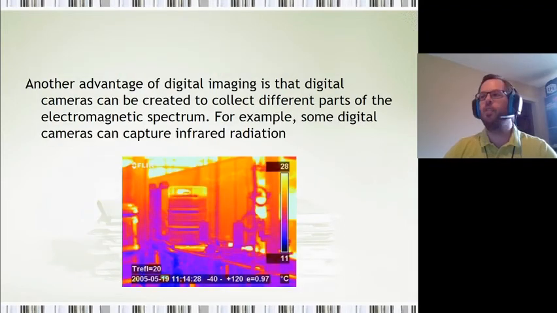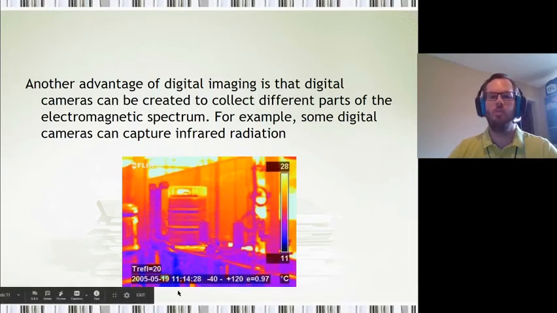Okay, another advantage I should mention here of digital imaging is that digital cameras can be created to collect different parts of the spectrum. So, for example, here we see a thermogram. This is infrared radiation, but satellites can collect.